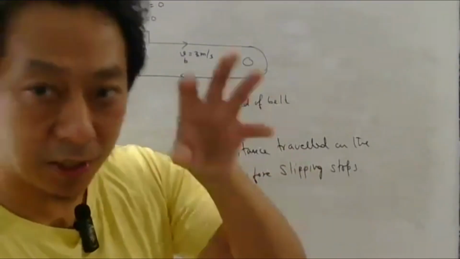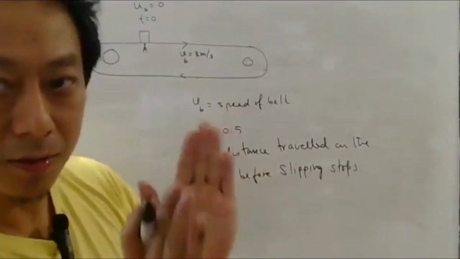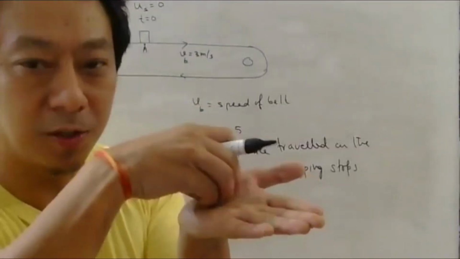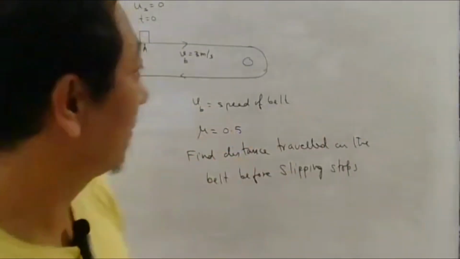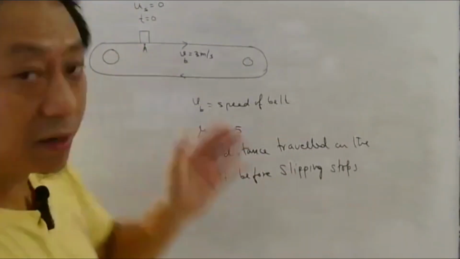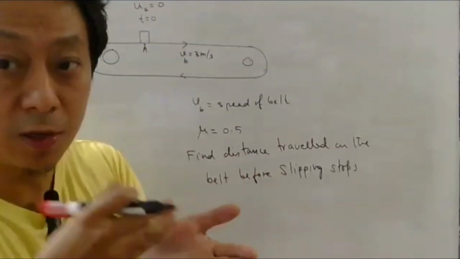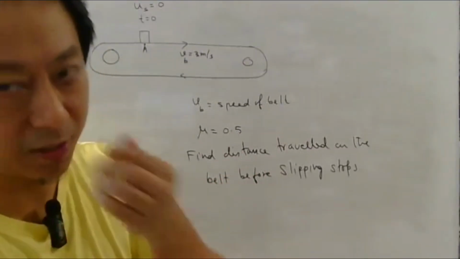Once slipping stops, of course, it will not move on the belt. So how far the suitcase will move on the belt is what they are asking.